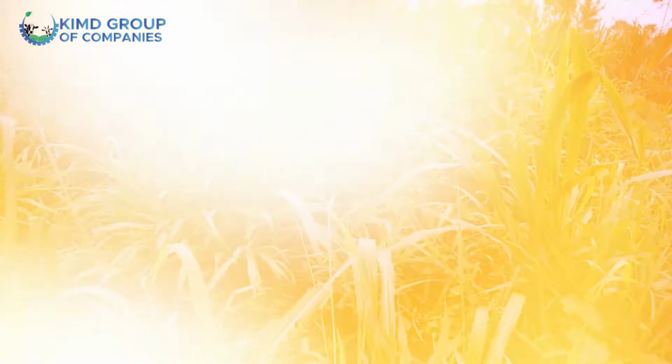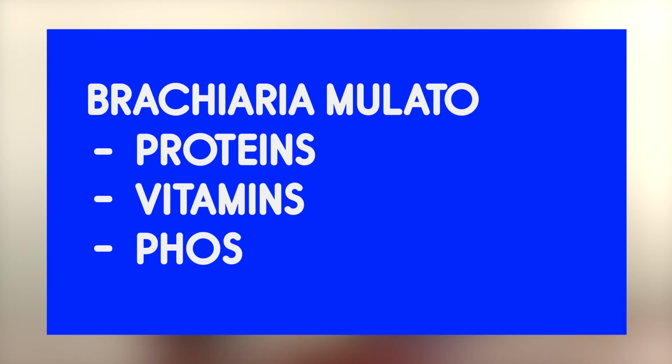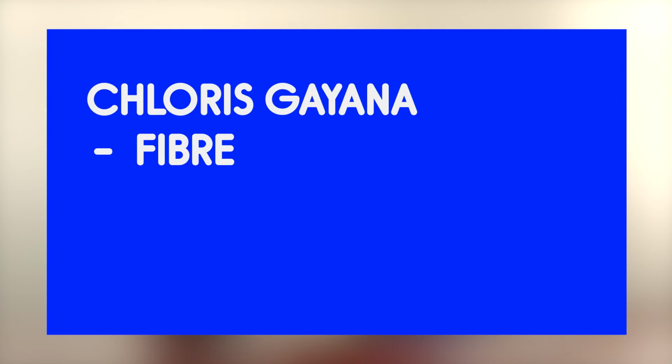When it comes to Brachiaria, for example, Brachiaria Mulato or the Brachiaria varieties, you're going to get proteins, vitamins, phosphorus, and other minerals that are going to be found in that pasture. Then, if it comes to Chloris gayana, we believe that fiber content is not going to miss out for your goats.